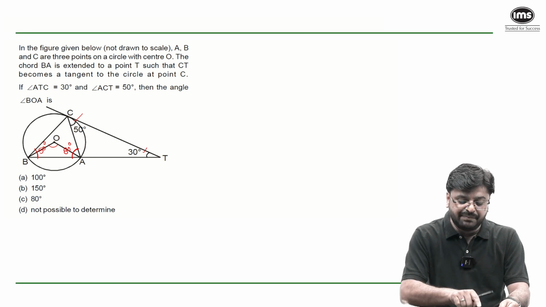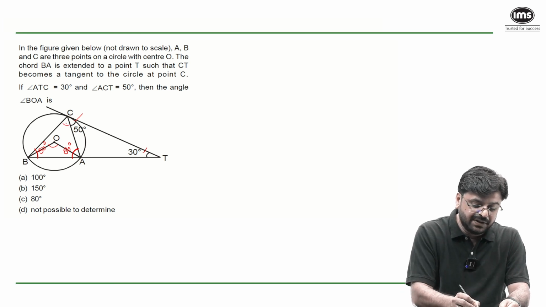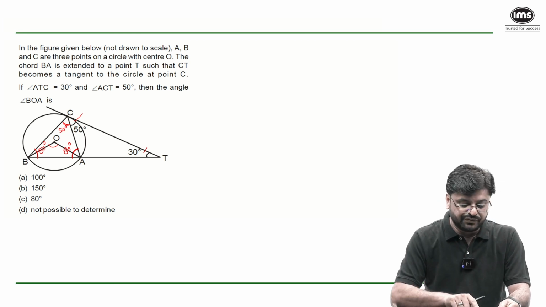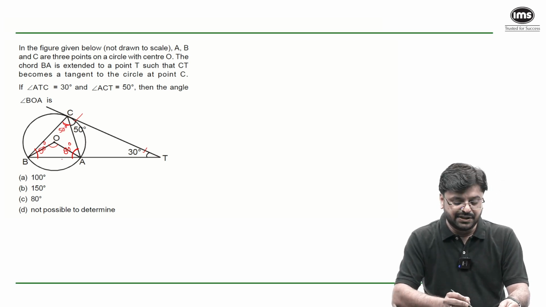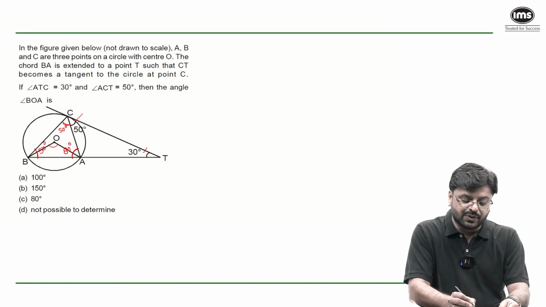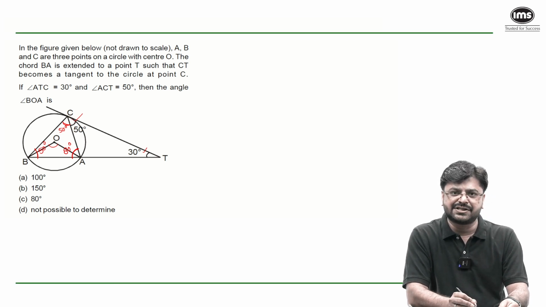Now, in triangle ABC, the third angle will be 50 degree because sum of all three angles should be 180 degree. So, we have one angle as 80, the other angle as 50. So, the third angle should be 50 degree. We also know that angle subtended by a chord at the center is twice the angle subtended by the same chord at the circumference.